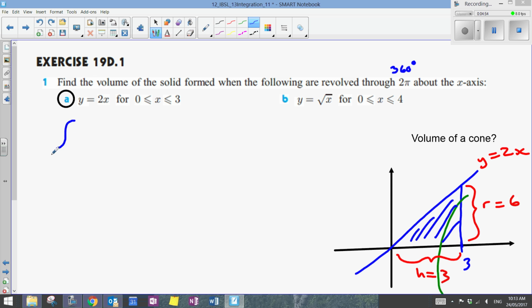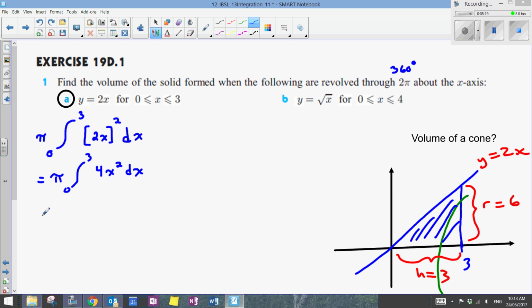So we have the integral from 0 to 3 of pi times our function 2x squared with respect to x. So what we're looking at is pi multiplied by the integral from 0 to 3 of 4x squared with respect to x.